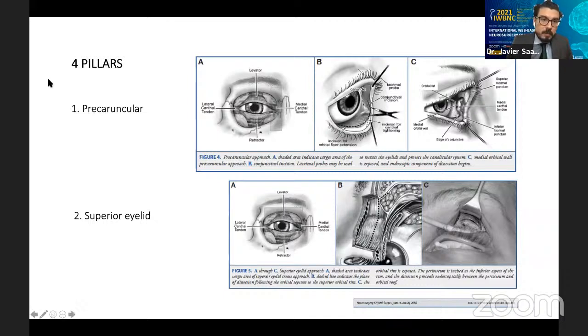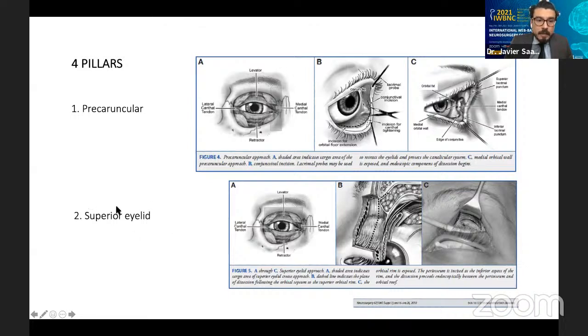So the first one is the precaruncular approach, which aims to access the more medial structures in the orbit. So you have to do a transconjunctival incision, which is not difficult to do, but has more morbidity than accessing through an incision that is outside the conjunctiva.